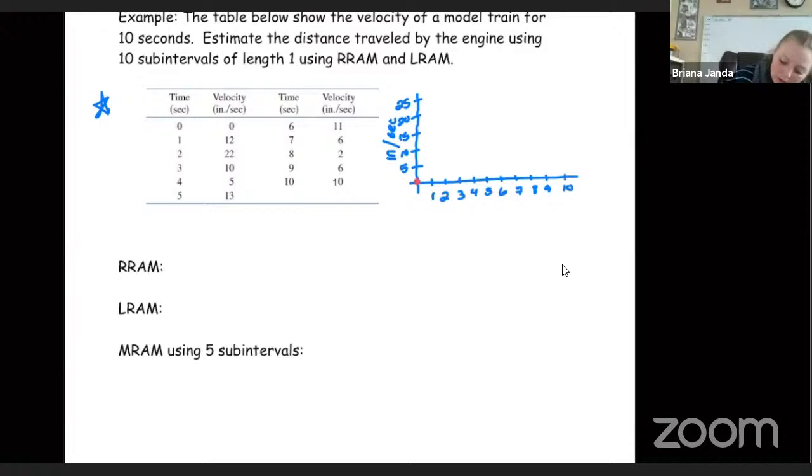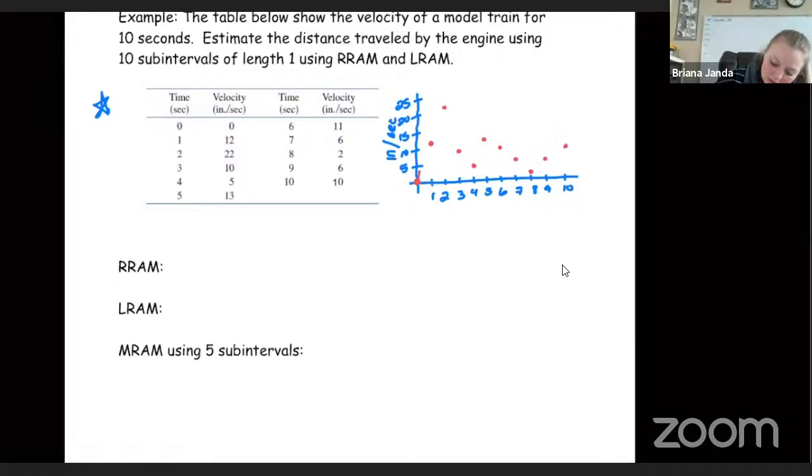So I can put a dot at 1, approximately 12. 2, 22. 3, 10. 4, 5. 5, 13. 6, 11. 7, 6. 8, 2. 9, 6, and 10, 10.